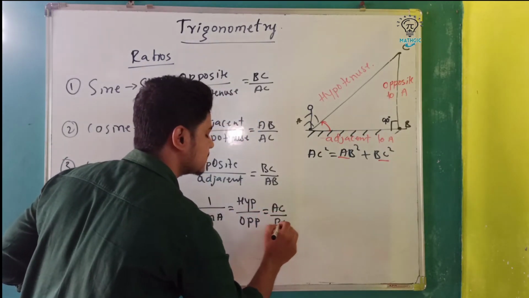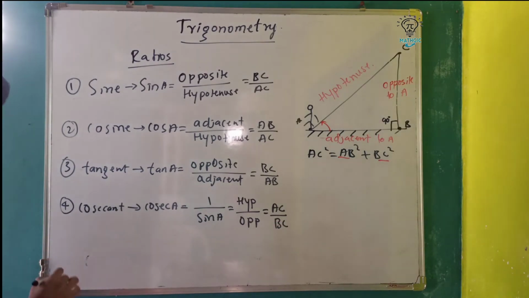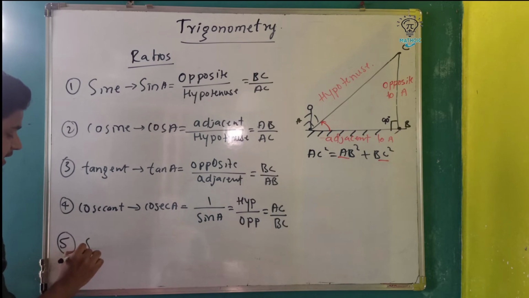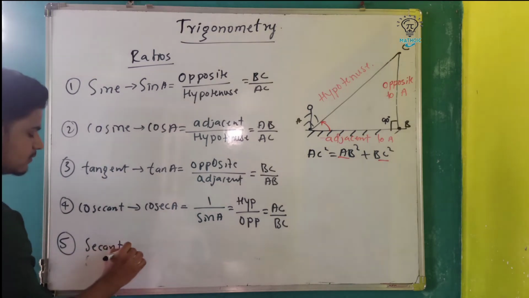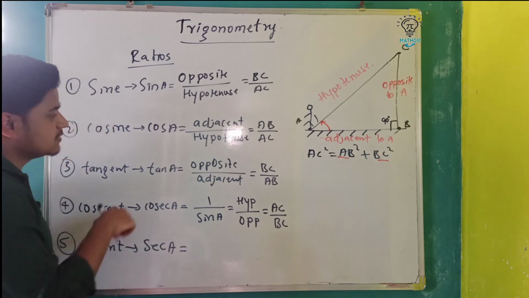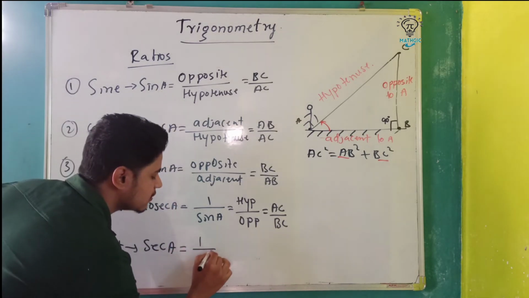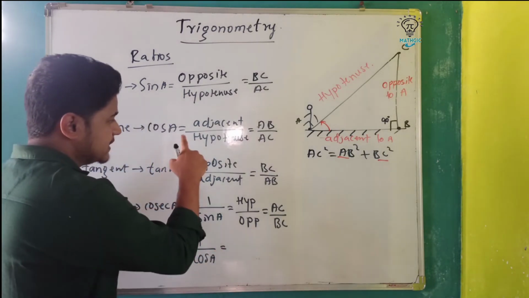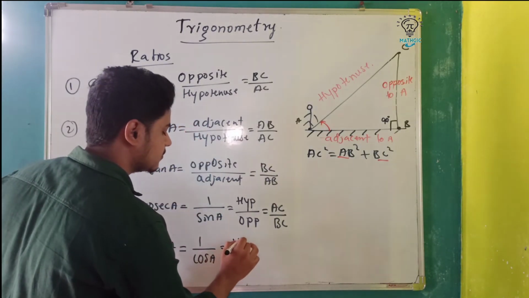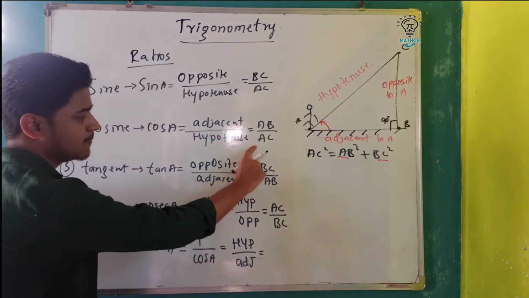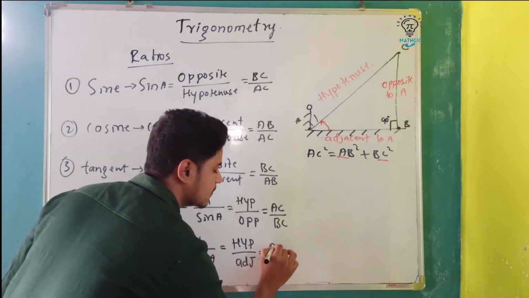The fifth ratio is the reciprocal of cosine, that is secant, written as sec A, which is 1 by cos A. That is hypotenuse by adjacent, AC by AB.